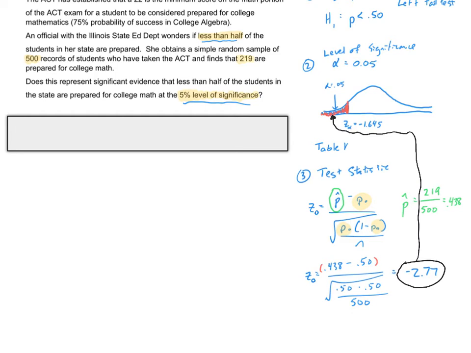So here's the conclusion that we draw. Because our p hat, the sample proportion, is beyond the cutoff, beyond the critical value, it is extreme enough by the standards that we've set. Step 4, we reject the null hypothesis.